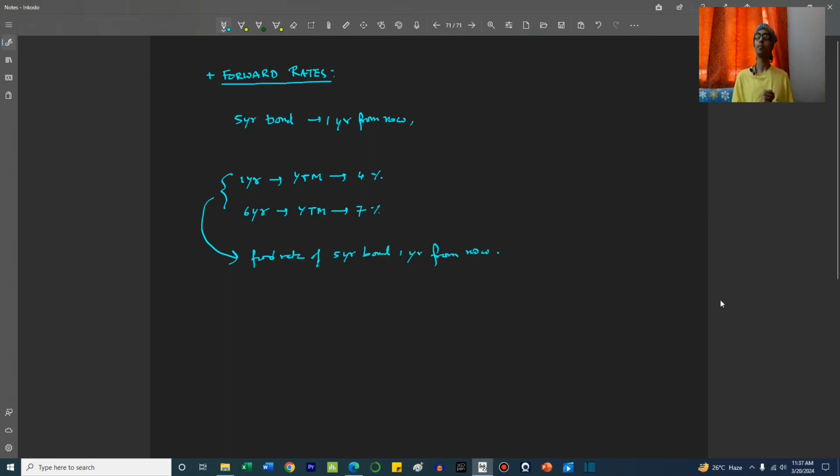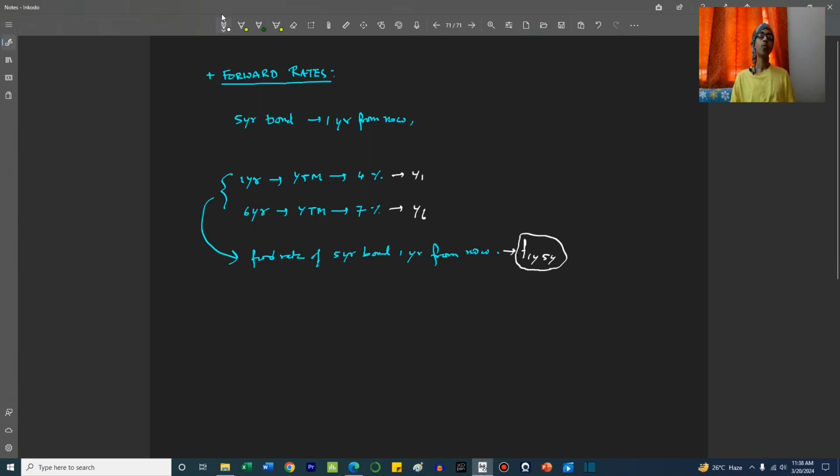How do we do that? Simply, let us call this rate Y1 and this rate Y6, that is the yield of a 1-year bond and the yield of a 6-year bond, and the forward rate of a 5-year bond 1 year from now, let us call it F1Y5Y. This is, by the way, a convention of expression also.